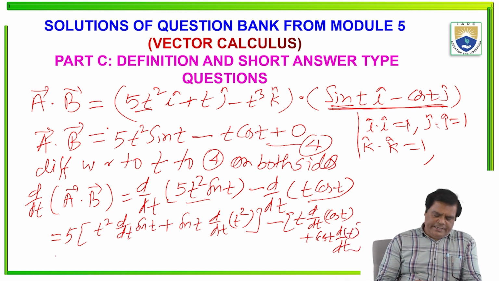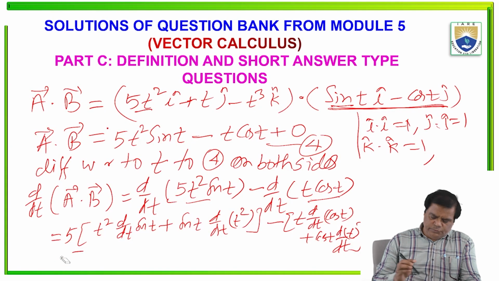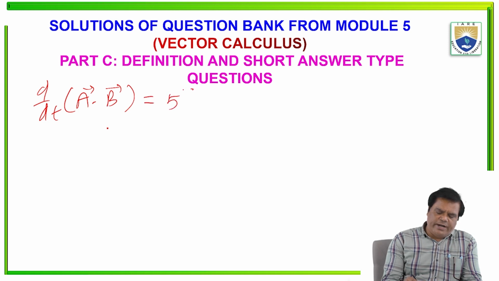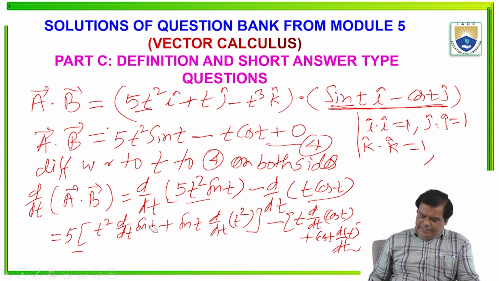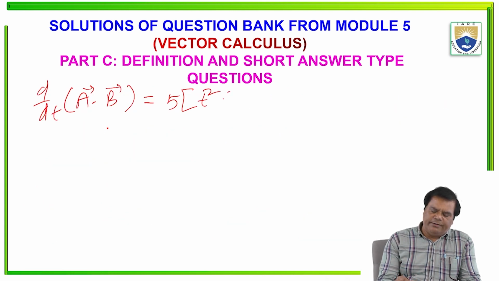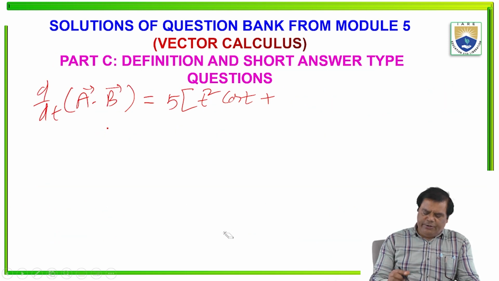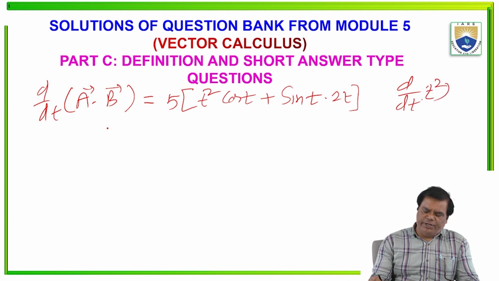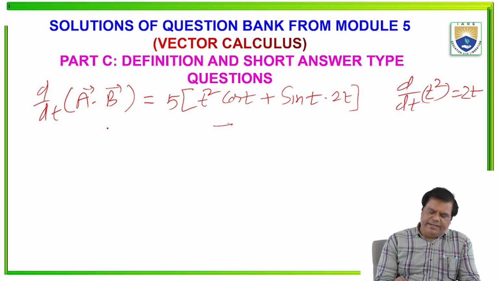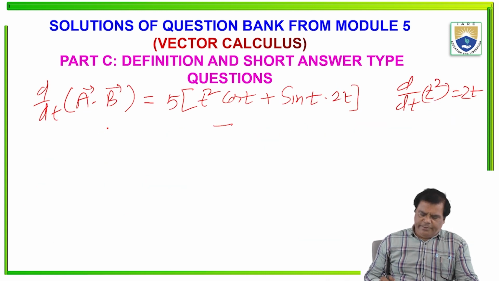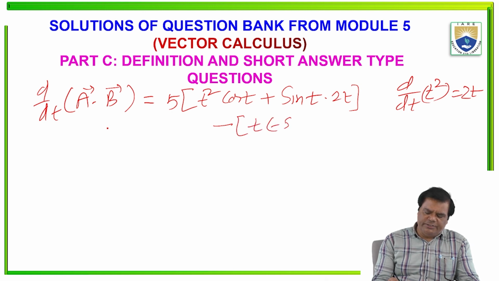So we get 5 (t² cos t, since the differentiation of sin t is cos t, plus sin t times 2t, since d/dt of t² is 2t), then minus sign: t times the differentiation of cos t, which is minus sin t.